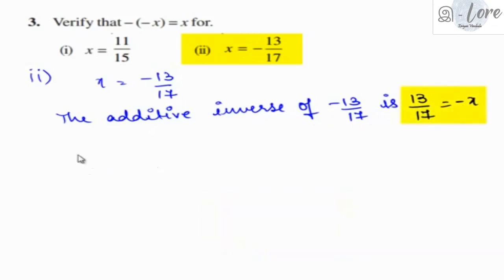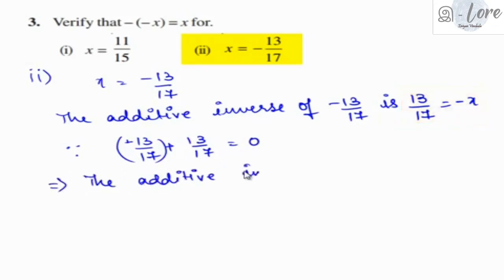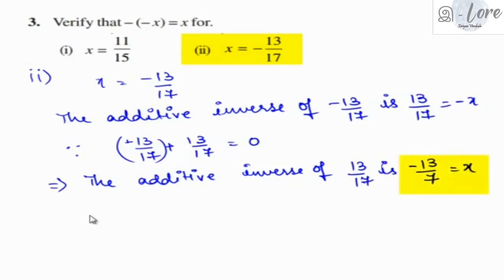So this is nothing but minus x. Just changing x, the additive inverse of x is minus x, because minus 13 by 17 plus 13 by 17 gives the answer as 0. The same equality implies that the additive inverse of 13 by 17 is minus 13 by 17.